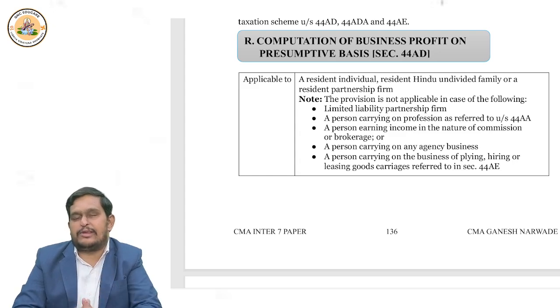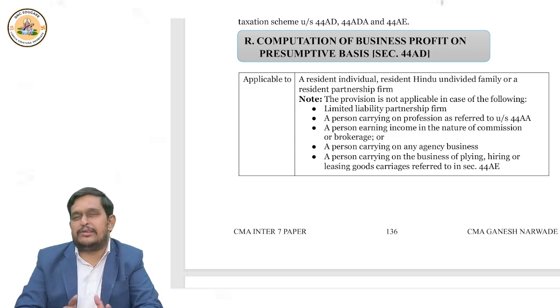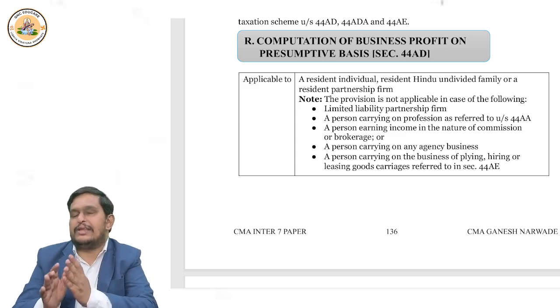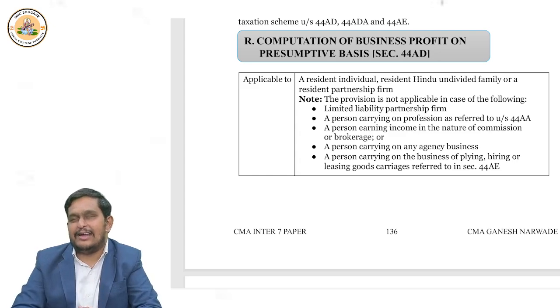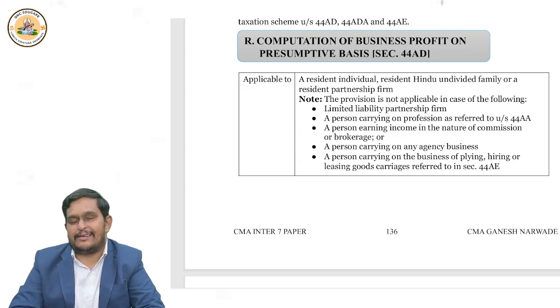The answer is no. A small businessman expects that the government should give him a simple method to compute the income and a simple way to pay the tax. And to meet the interest of that small businessman, the government has brought these sections 44AD, 44ADA and 44AE.